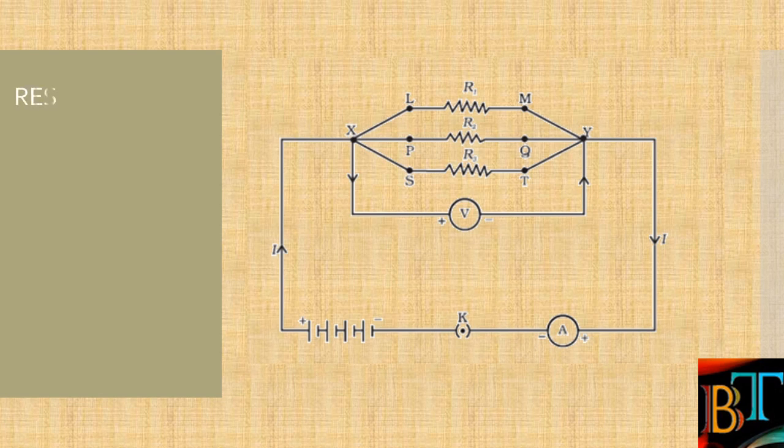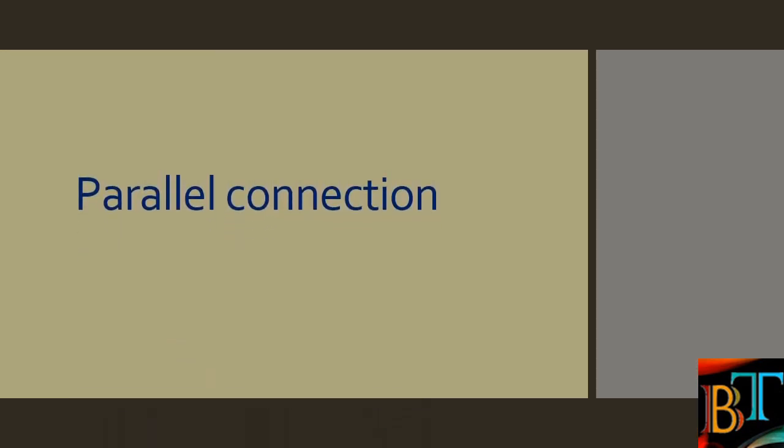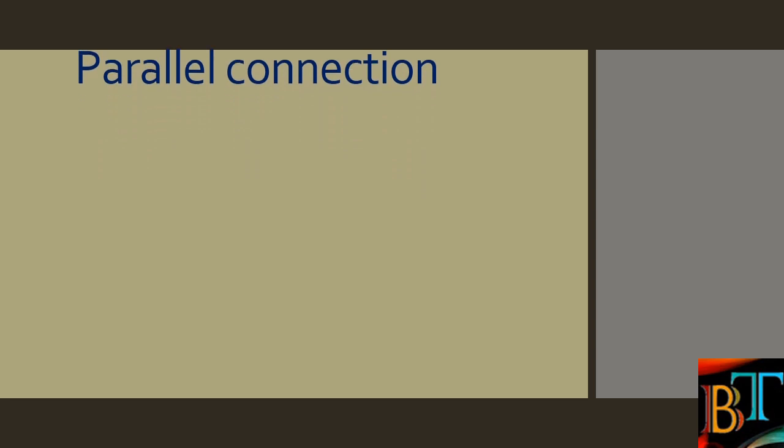Hence, potential difference across each resistor is the same, which is equal to the potential difference across the terminals of the battery. And the current in the resistor is inversely proportional to its resistance. The sum of the currents in the separate branches of the parallel circuit is equal to the total current. That means current I is equal to I1 plus I2 plus I3.